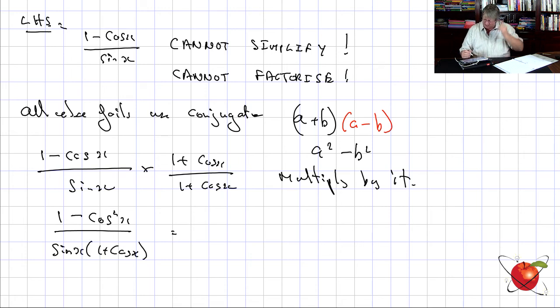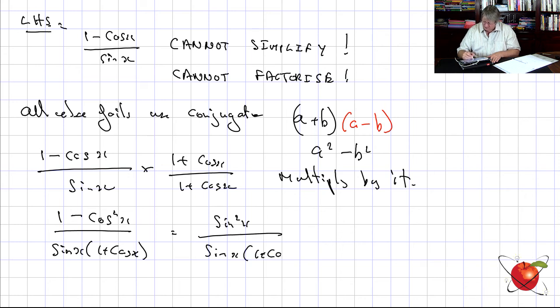Now let's take this the next step. 1 minus cos squared x is equal to sine squared x, over sine x times (1 plus cos x), which is equal to, remember, and it leaves us on top with sine x, correct? The net result is I get left with sine x over 1 plus cos x.